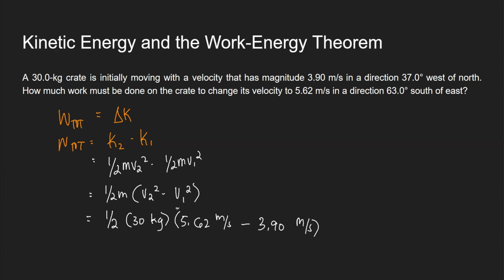I almost forgot the squared here. Squared here. All right. Plug into your calculators. We just have 245.6 joules. So that is the work you need to change the velocity to your final velocity, or your vf or v2, equals 5.62 m/s.